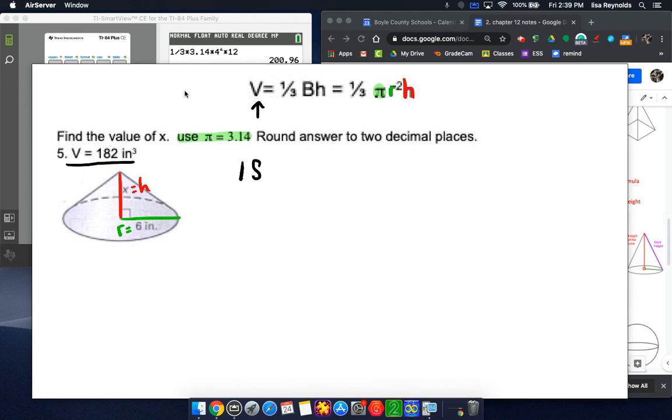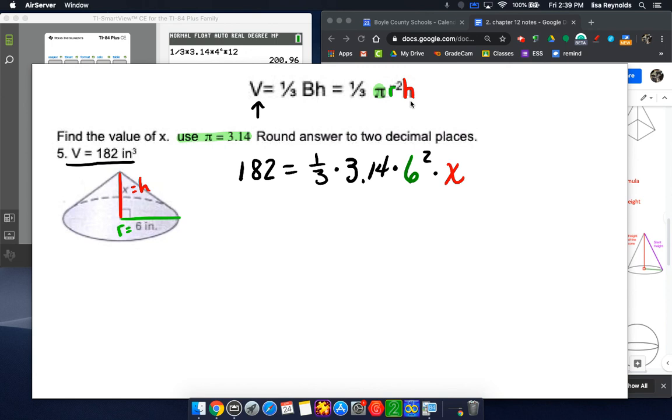The volume, 182. This is equal to, we fill in 1/3 times, then we do our pi value, 3.14 times. Now we're going to do the radius value. So our radius is 6. This value gets squared times, and now we're going to use the height value, and our height is the x.